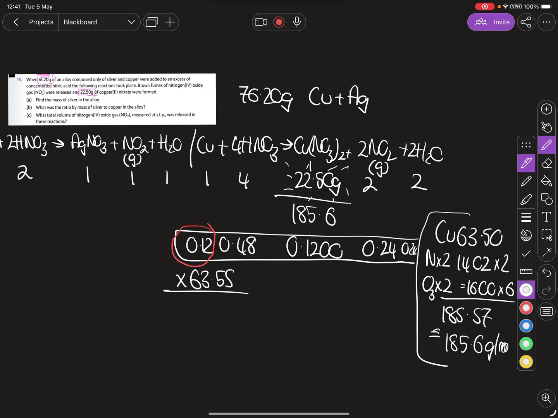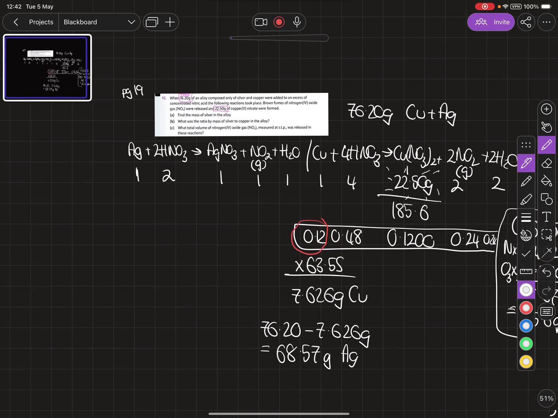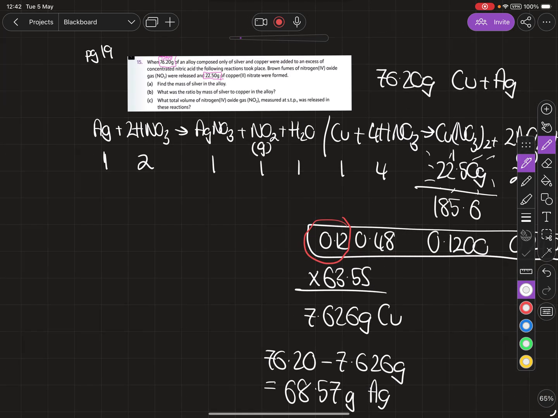And when I do that, I will get 7.626 grams of copper. I had 76.20 total. So if I subtract these two numbers, this is going to give me grams of silver: 68.57 grams of silver.